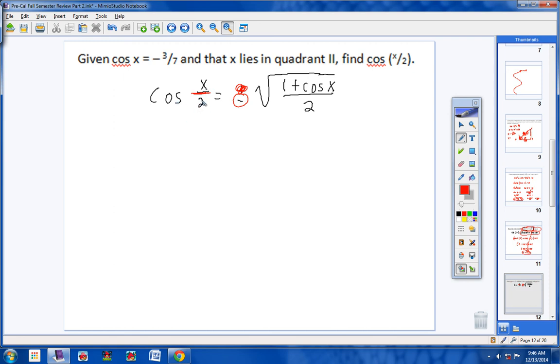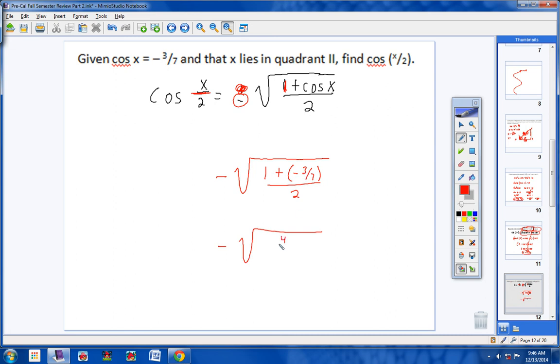So cosine of x over 2 equals negative. So I've got a negative sign. Cosine of x over 2 equals this. This is a 1. 1 plus cosine x, all over 2. So 1 plus, now hold it. What is cosine x? Negative 3/7. This is pretty simple, guys. 1 plus a negative is 1 minus 3 sevenths.